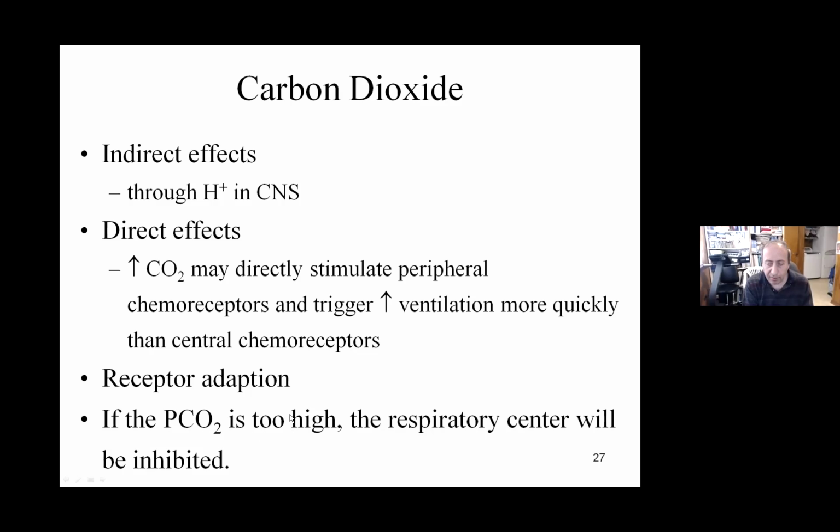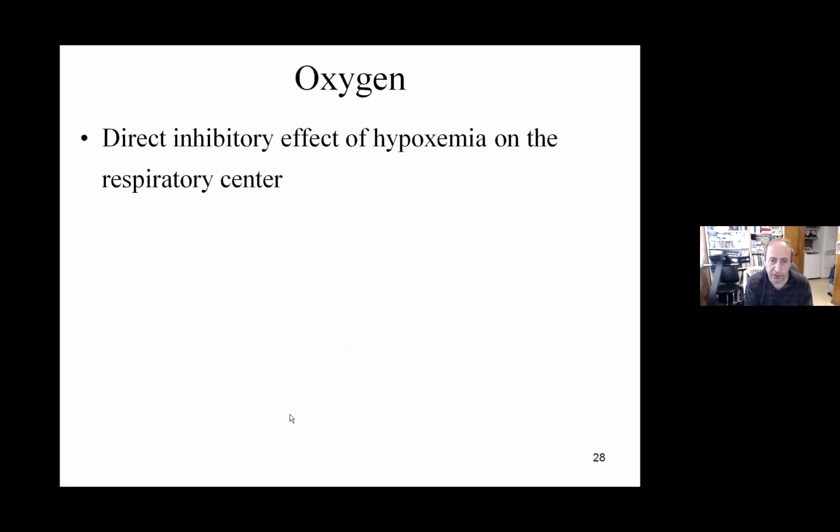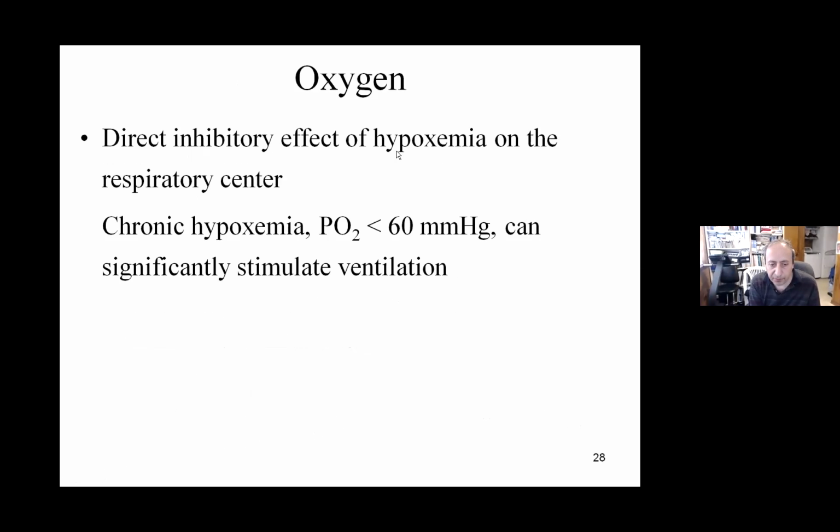So this is all at the beginning, you have increased hyperventilation, and the respiratory center will be inhibited later because of adaptation. So there is a direct inhibitory effect of hypoxemia. Hypoxemia means a low level of oxygen in the blood on the respiratory center. So any level that is less than 60 millimeter mercury stimulates ventilation.